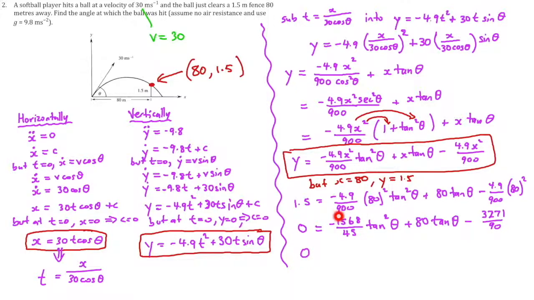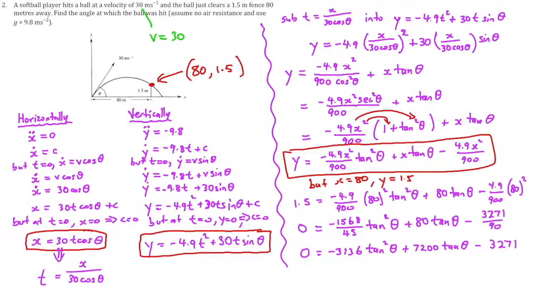Next one, minus 1568 over 45, times 90, and you will get minus 3136 tan squared theta. Plus, now times the 80 by 90, which gives you 7,200. And for our last term, we times by 90 and we're left with 3271.